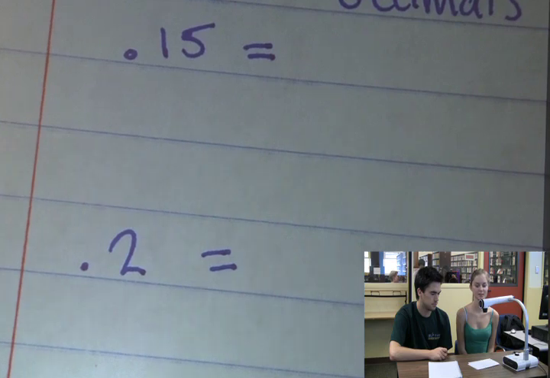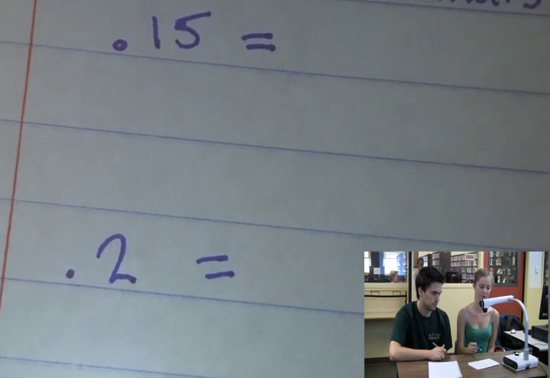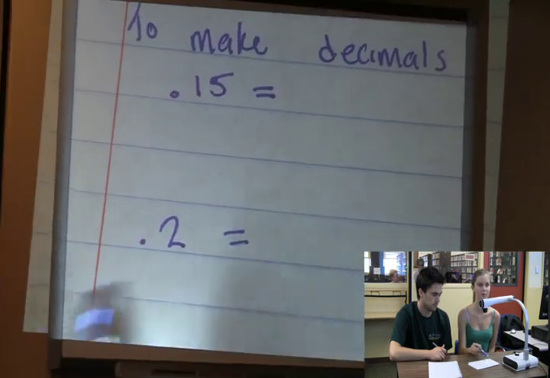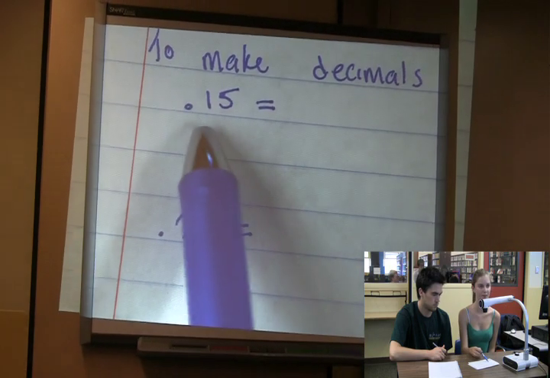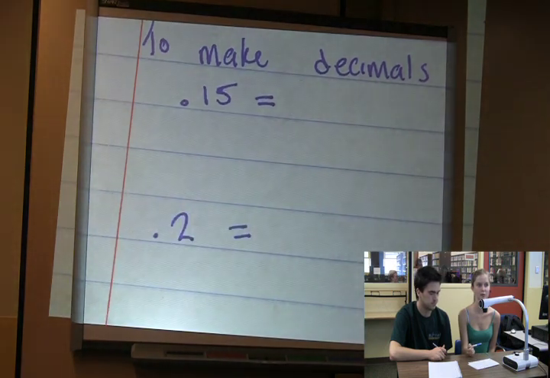To make decimals into fractions, you divide by the decimal place. So this means that if you only have one number after the decimal point, you would divide by 10 because it's in the tenths place. But if you have two numbers after the decimal point, you divide by 100 because it's in the hundredths place.